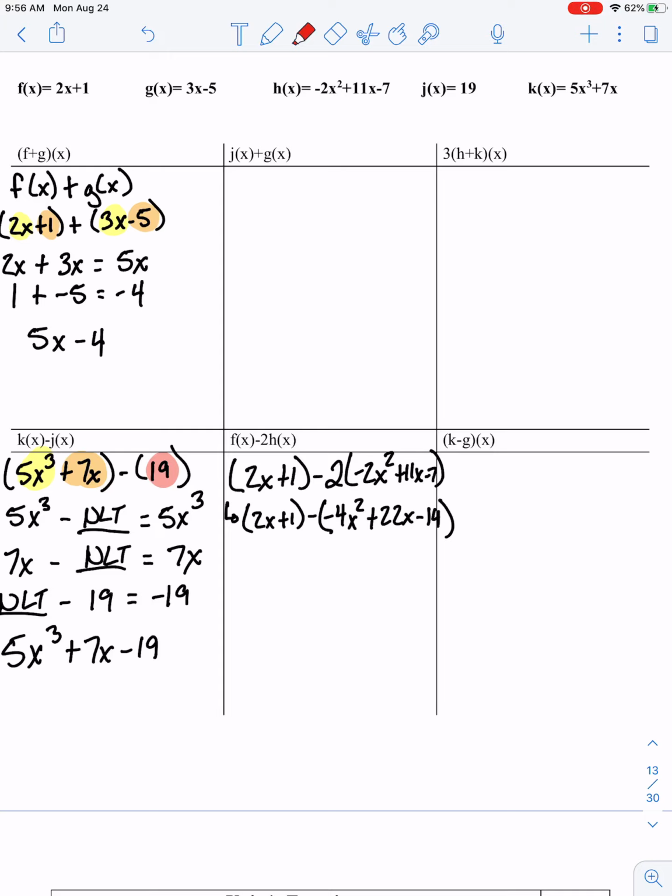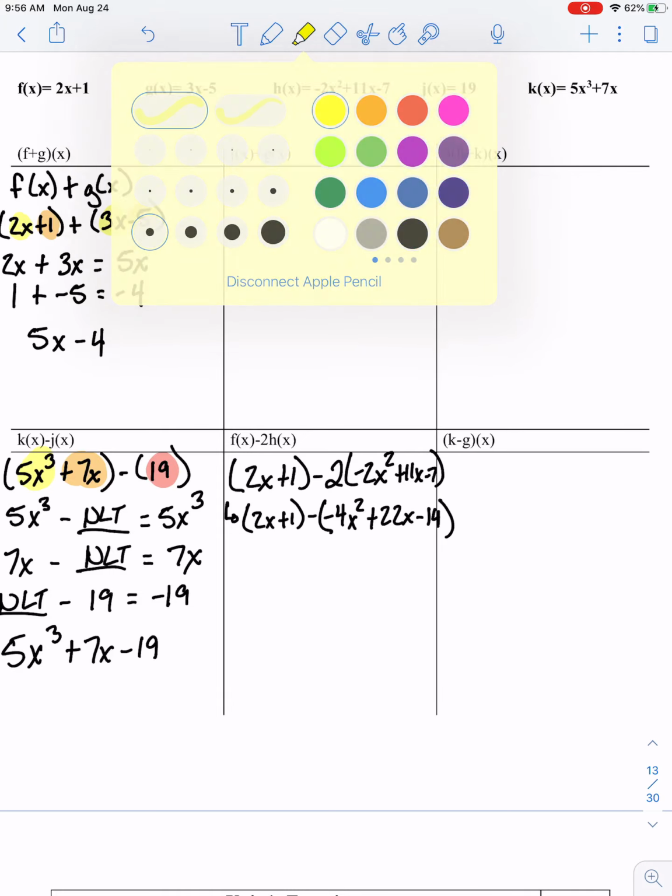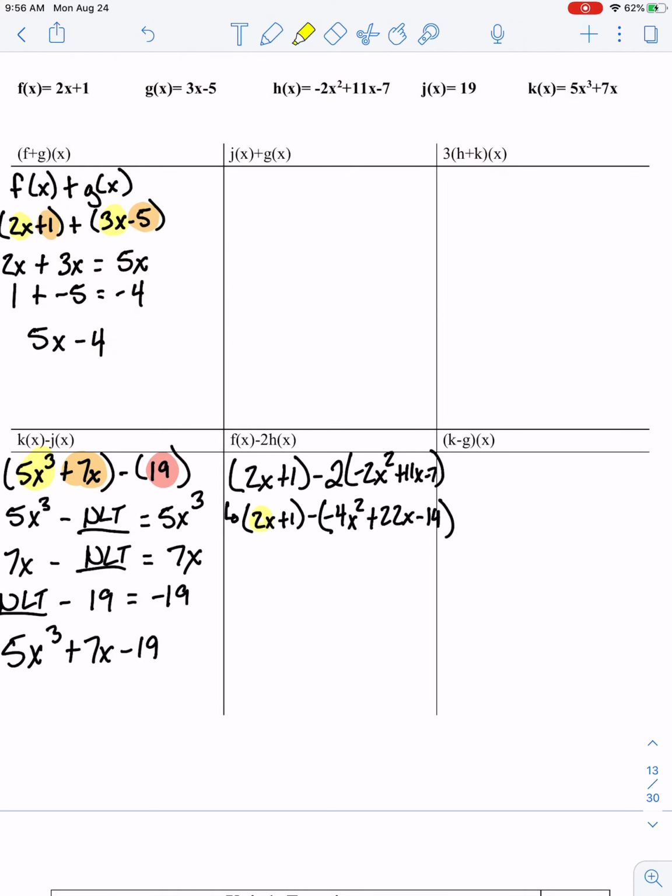Now, I come back in and I try to find my like terms. I have an x term on the left to the first power. Don't mess up here and say 4x squared is a like term when compared to 2x, because the degrees are not the same, okay?